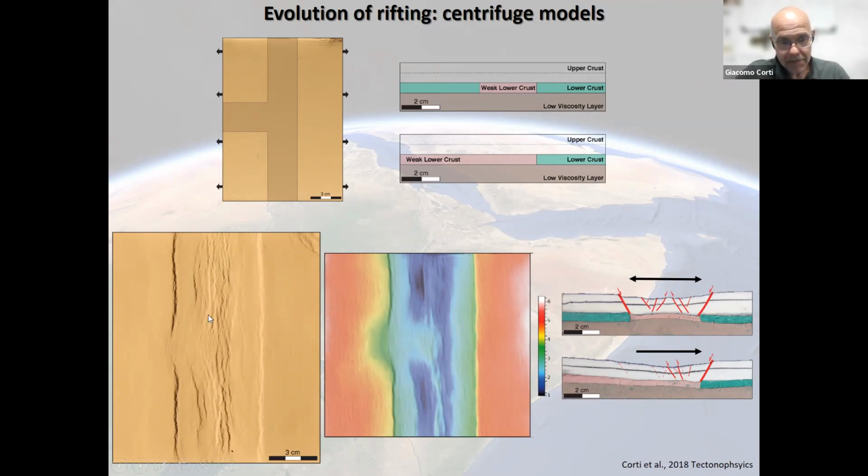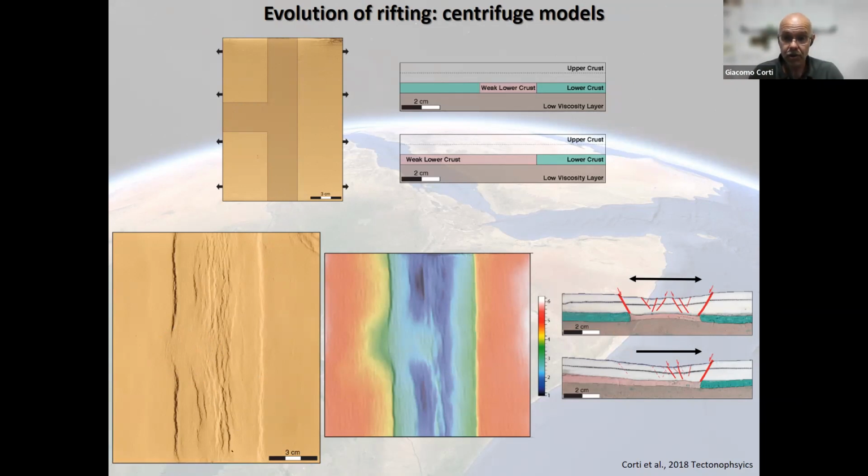So you have a subsiding rift depression here, which is marked, as you see in this left zone, by the absence of the large boundary faults on one side in the area which is characterized by the transversal weakness. And you see the transition from a symmetric rift zone here, where the transversal weakness is absent, to a strongly asymmetric rift where the transversal structure is instead present.